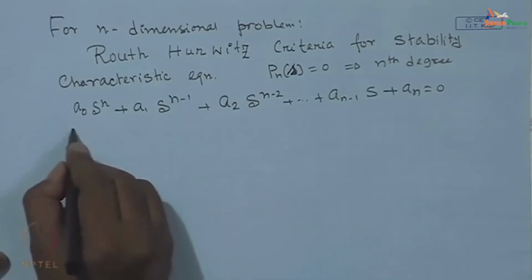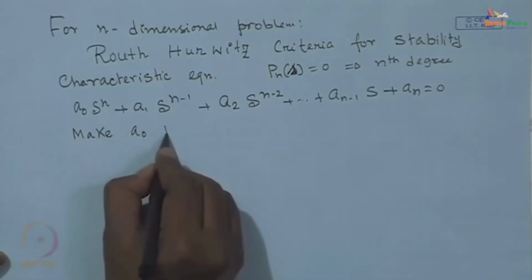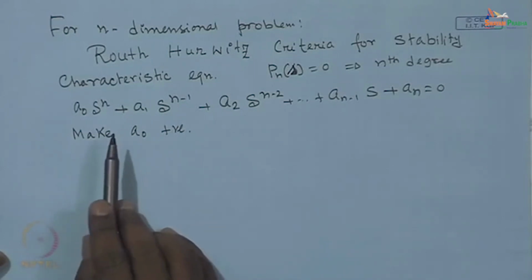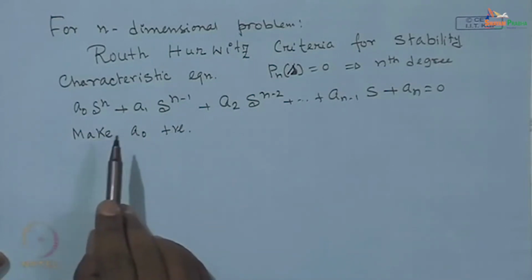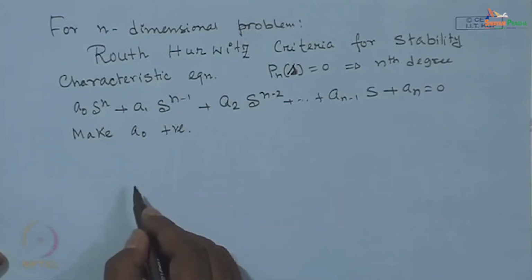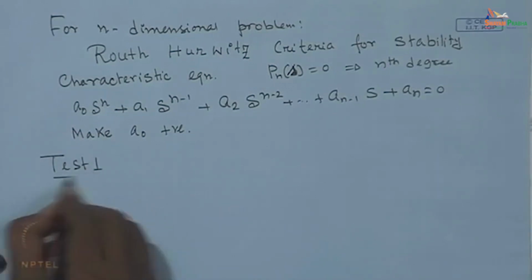Now, you make a0 positive. Even if a0 is negative, multiply both sides by minus 1 and make a0 positive. Then the first test goes like this. So, this is test 1.